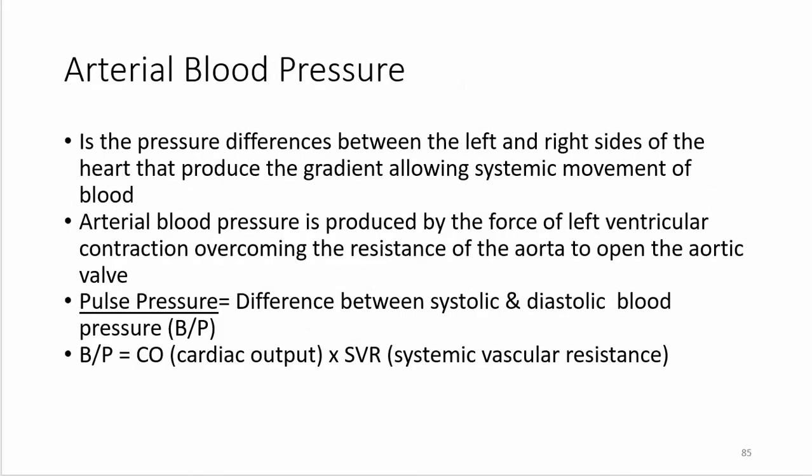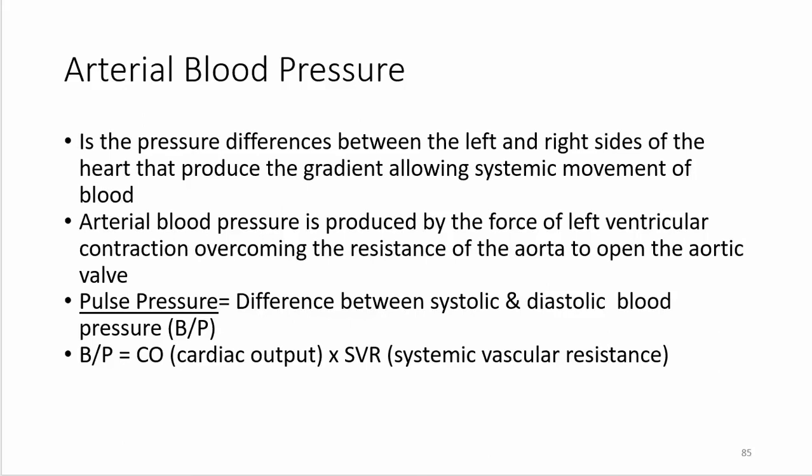Okay, so now we're going to talk about blood pressure, and we're going to specifically talk about arterial blood pressure, which really has got to do with left side and systemic arterial blood pressure. So really, what is blood pressure? It's caused by the systole of the left ventricle, and it's what moves the blood through the system.